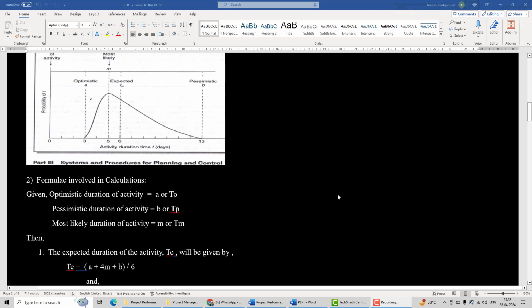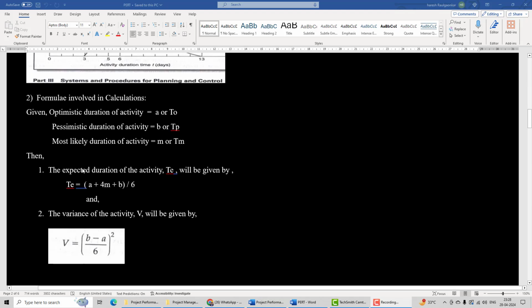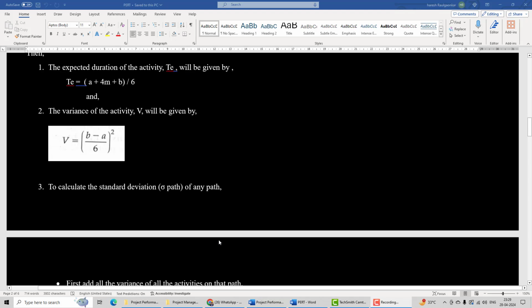The formula for the expected duration of the activity is the optimistic plus 4 times most likely plus pessimistic, divided by 6. Also, we need to calculate the variance for every activity, which is given by the pessimistic minus optimistic duration divided by 6, the bracket square.